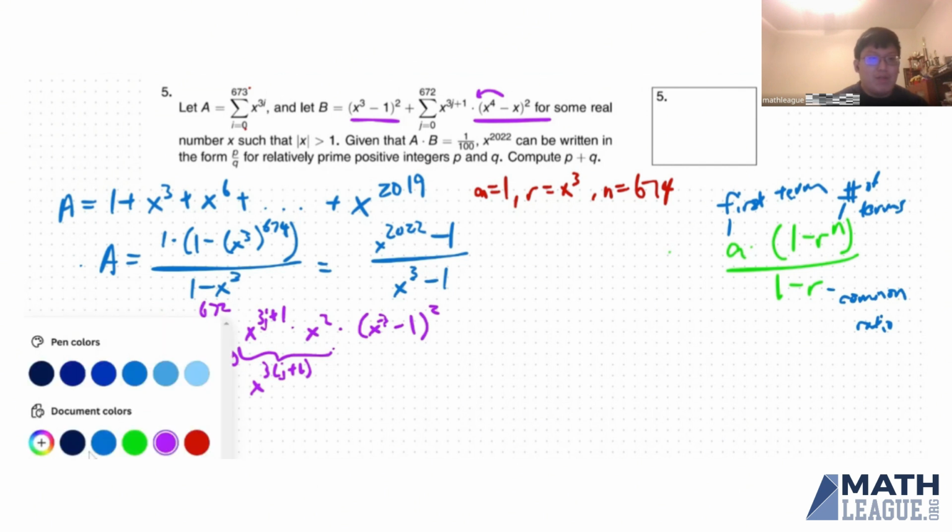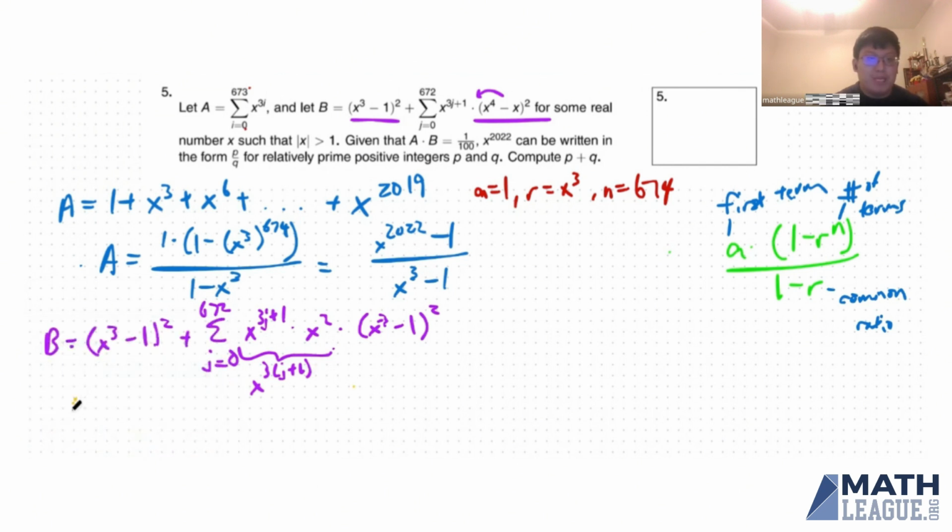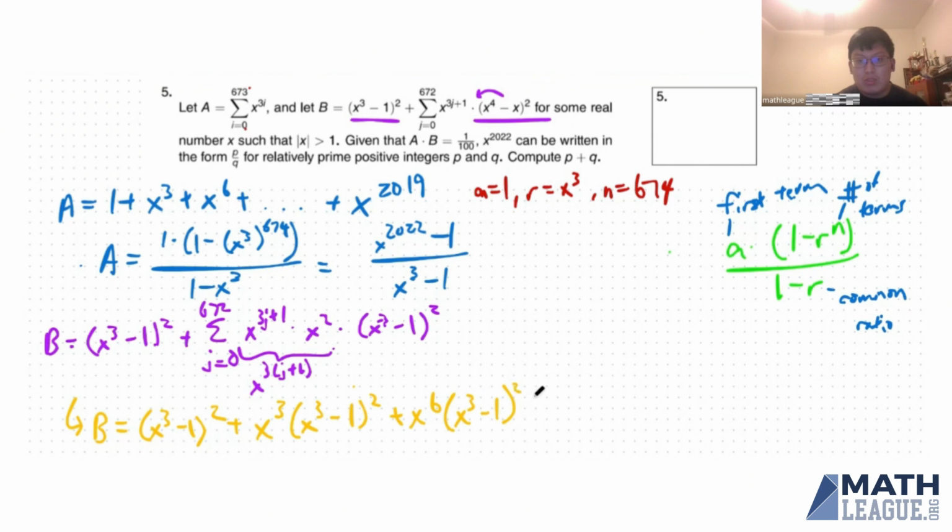Now, if we evaluate the first couple of terms of B, that's going to give us B is equal to x cubed minus 1 quantity squared. And then starting from j equals 0, that's going to be x cubed times x cubed minus 1 quantity squared, plus x to the 6th times x cubed minus 1 quantity squared, and so on until that final term is x to the 2019 times x cubed minus 1 quantity squared.